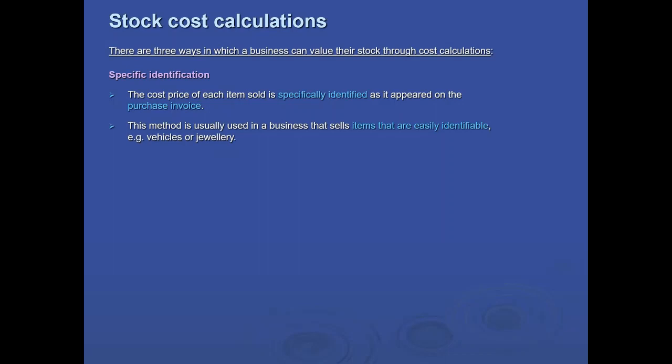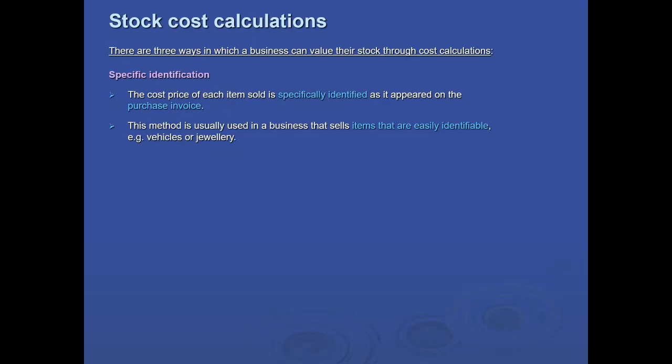You need to consider that these valuations have to do with the fact that we could purchase stock throughout a period of time at various prices. And now when we sell the stock, we need to determine the cost price.